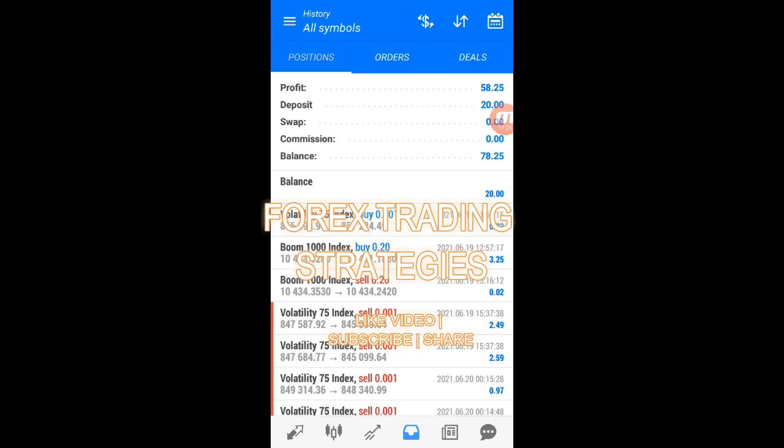I also learned that if you choose your pairs well, for example, I was trading these synthetic indices, they move fast. If you choose your pairs well, you stand to make money in the markets. Sometimes people choose the wrong pairs.